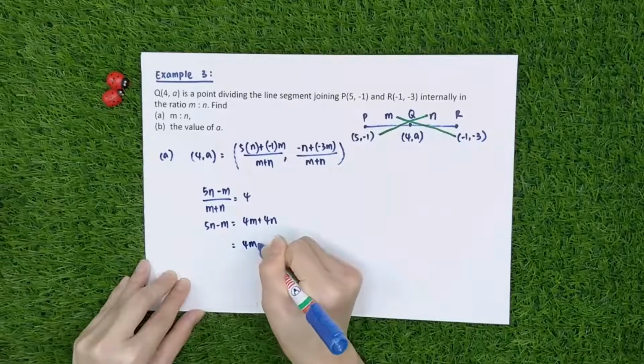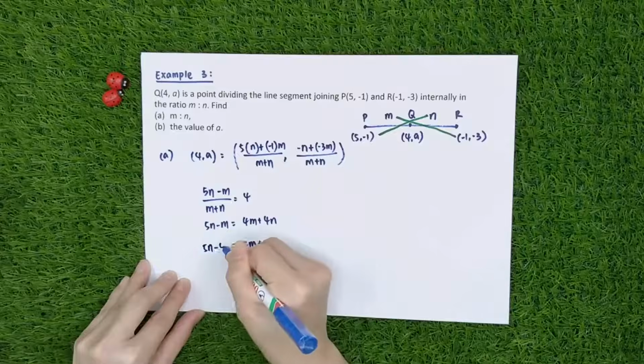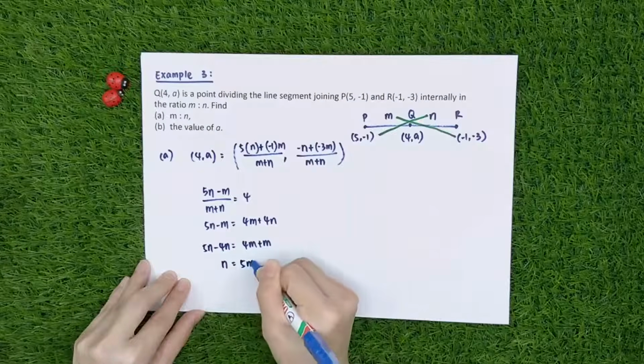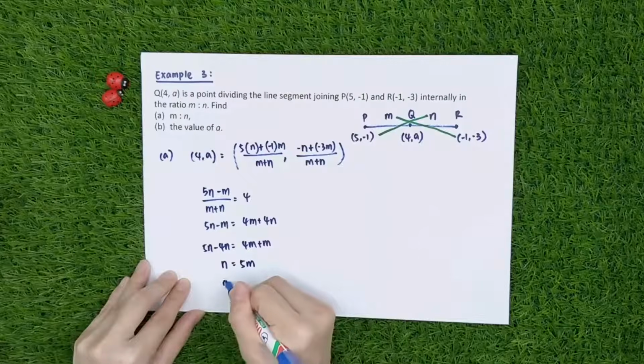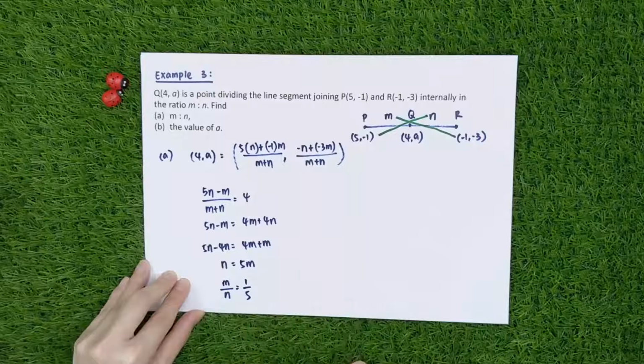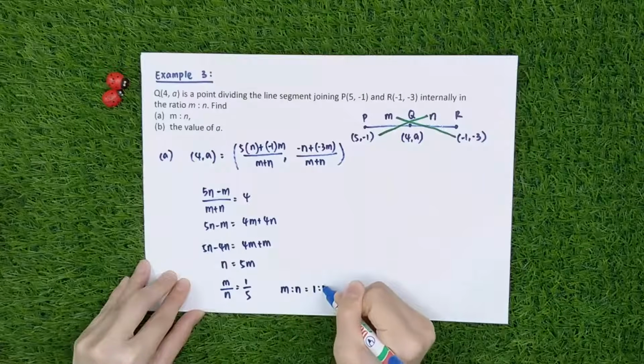So 4m plus m is equal to 5n minus 4n. That means n is here and here is 5m. So I can get m over n is equal to 1 over 5. So the ratio of m over n is equal to 1 over 5.